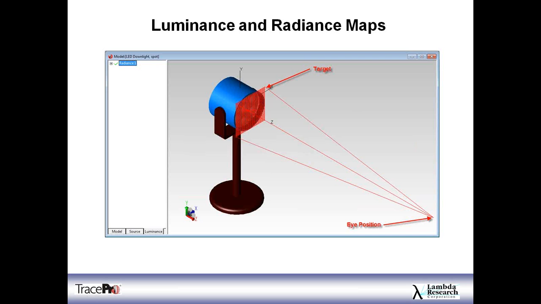So luminance and radiance ray trace sources work best with large, wide angular distribution sources. If you were doing an LED and defining all the light as being normal to the surface, the chance of any ray coming back through this system and being perfectly normal to that surface is infinitesimally small. So you'd have to trace an extremely large number of rays.